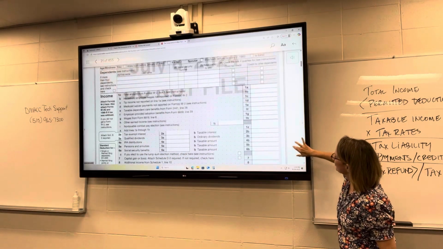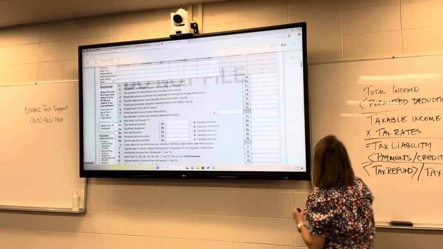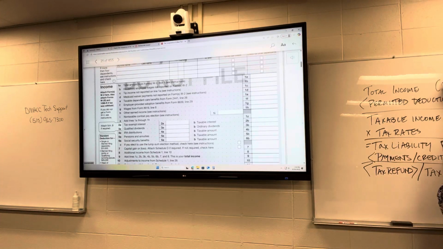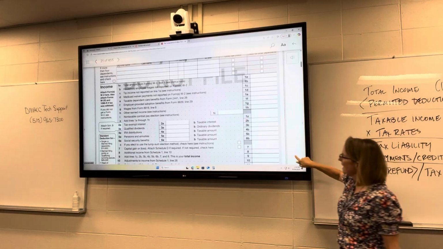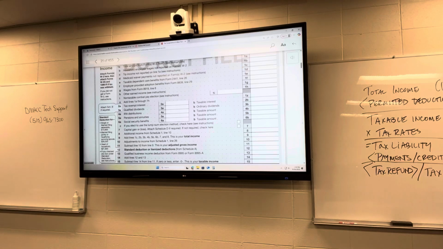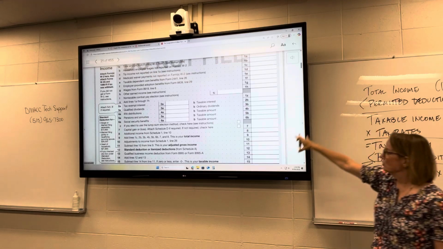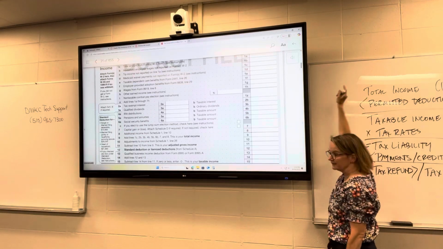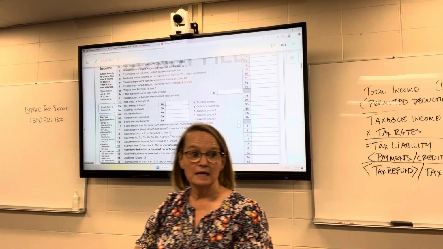All right, so all of these lines 1 through, actually it's through 9, because 9 is total income. So lines 1 through 8, and 9 I'm just going to put separately, because 9 is where it's all totaled up. That's where our total income is added up.